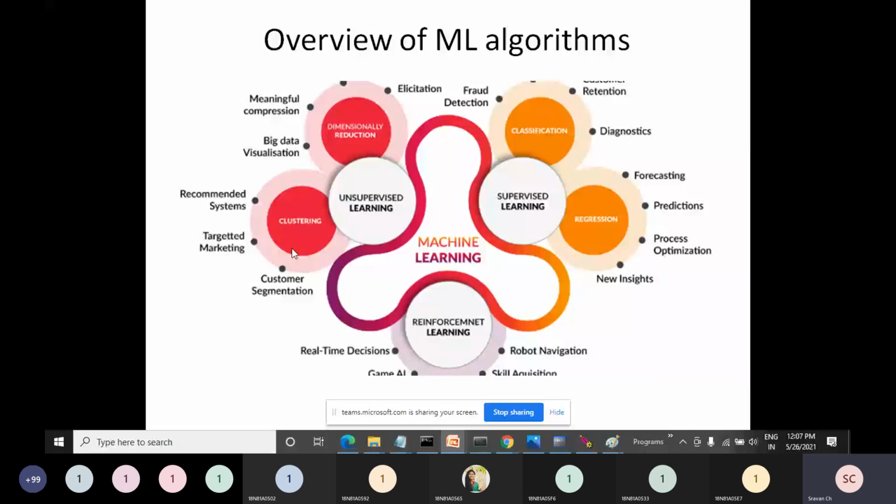So that is targeted marketing. Whatever text you are seeing in black are all applications of these ML techniques. So clustering can be used for recommendation systems, targeted marketing, customer segmentation. Like that, every black word is an application.